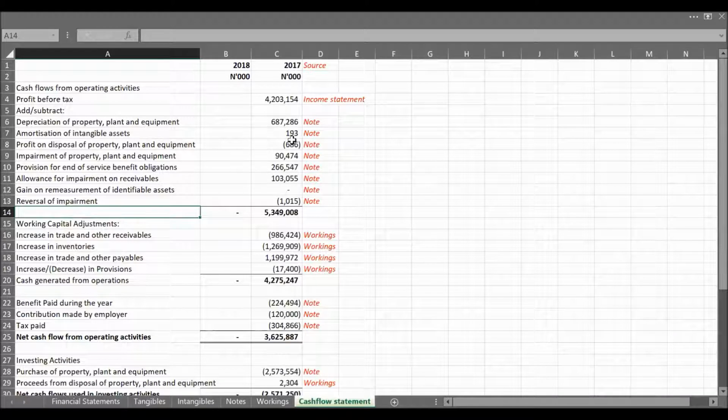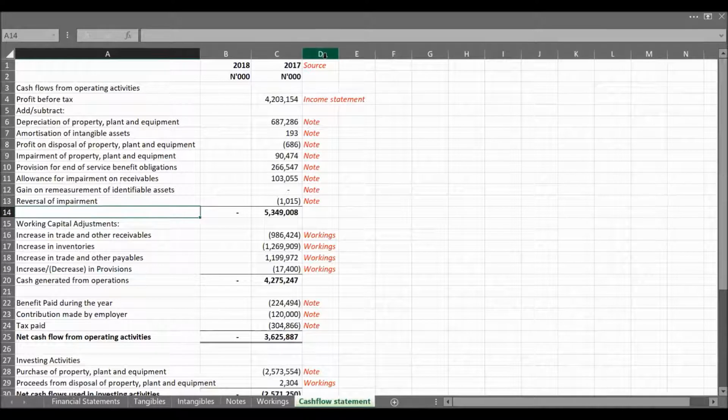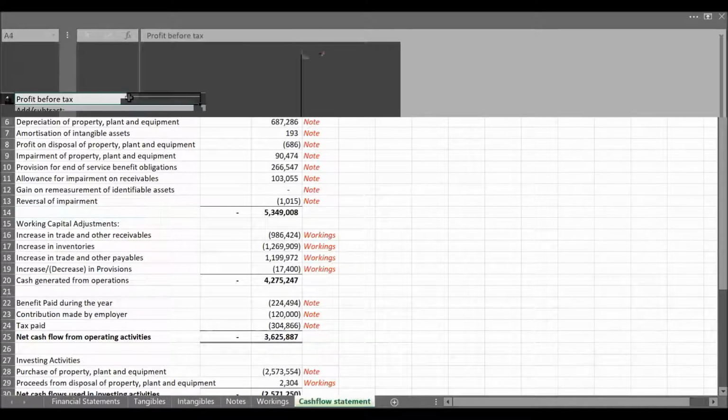So I also included sources from which these numbers can be gotten, to make things easy for us while we prepare for our individual entities. So the first section we'll be looking at is the profit before tax. Okay, so the profit before tax is simply the profit before tax for the entity for the current year.